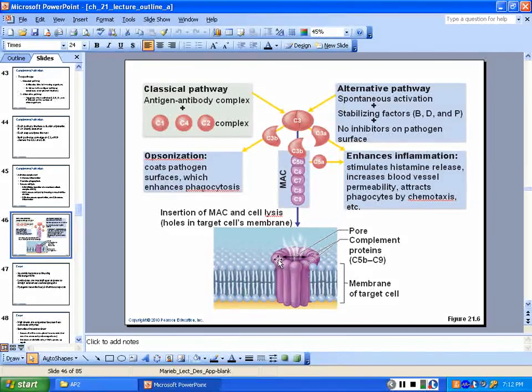So the whole thing itself is known as a membrane attack complex because it's a complex of proteins that has poked a hole in the cell membrane. It is very much similar to perforin. That's what we said perforins do, right? But they just gave it a different name with complement. But it does the same thing.